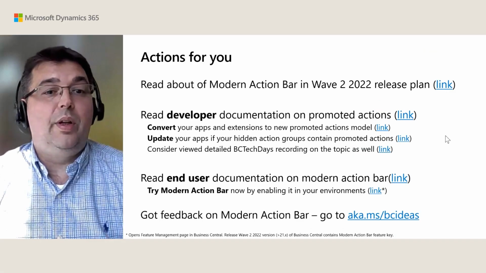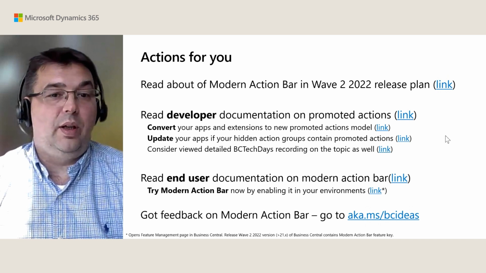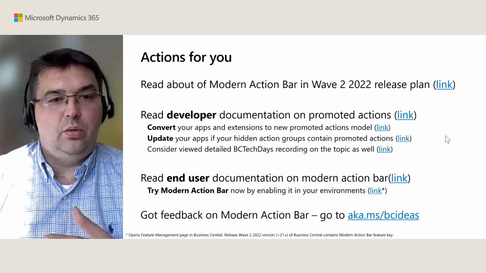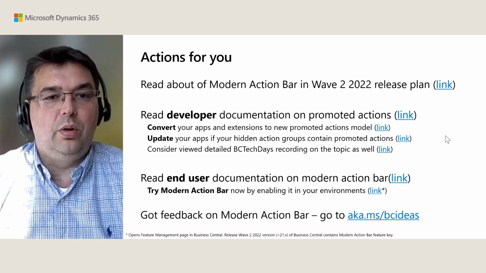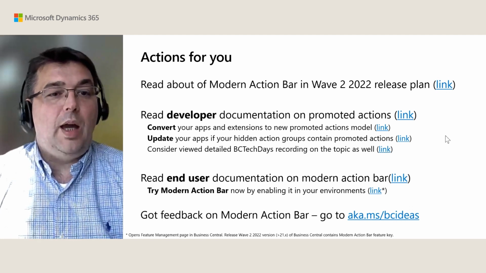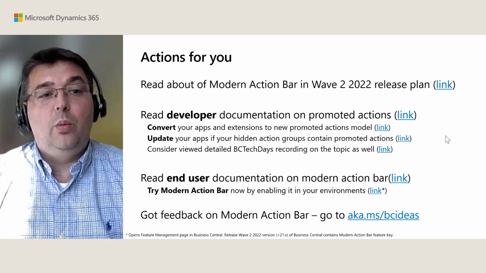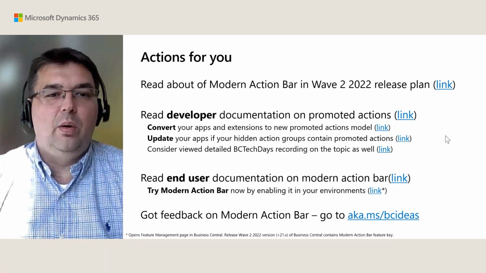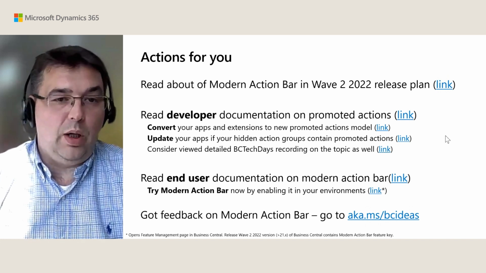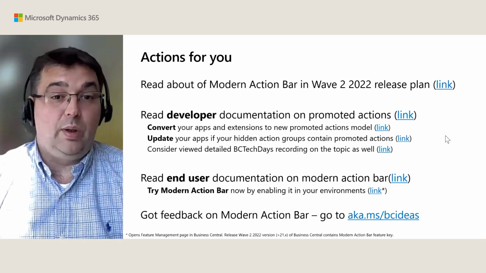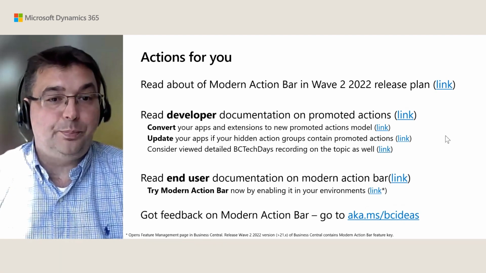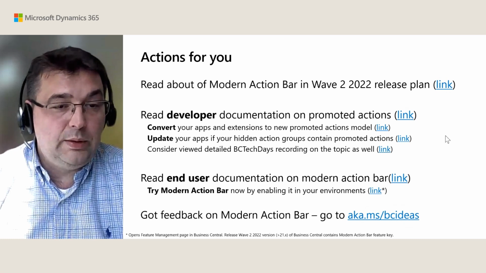If you have apps out there that are using hidden action groups that contain promoted actions, there's an action to be taken so that users keep seeing those actions. And for the developers out there, we have a detailed BC Tech Days recording done by our engineers on this topic as well. So we definitely recommend you have a look at that as well.